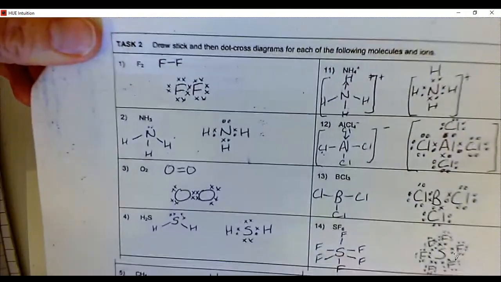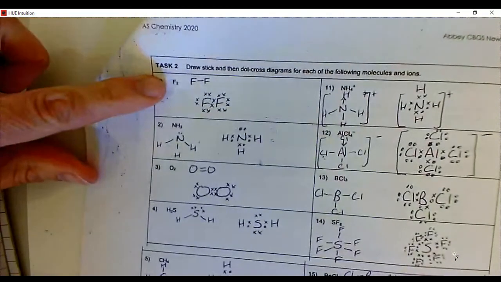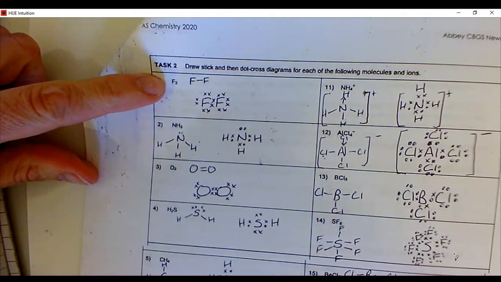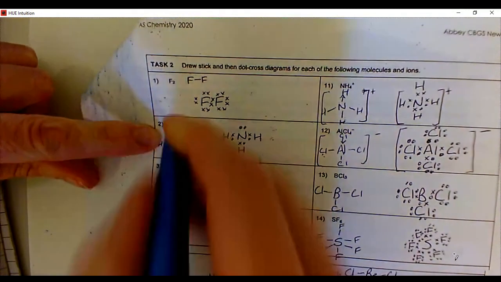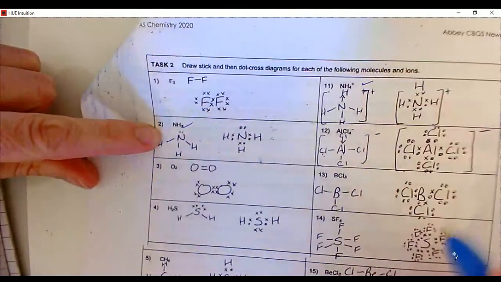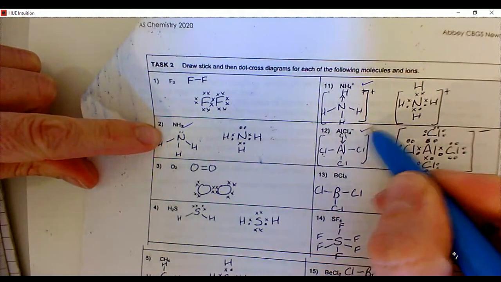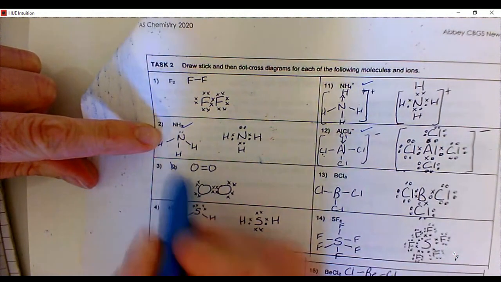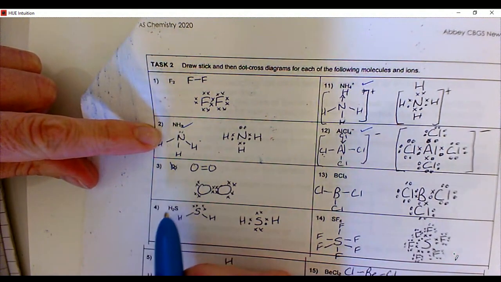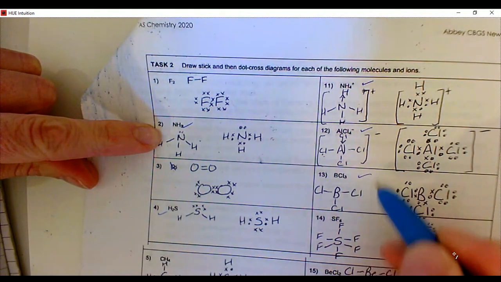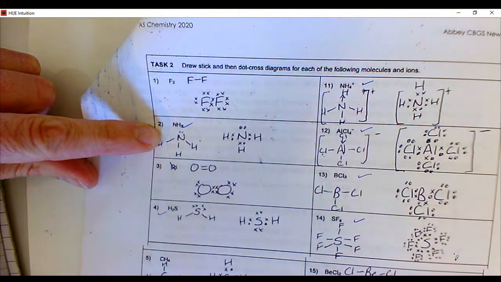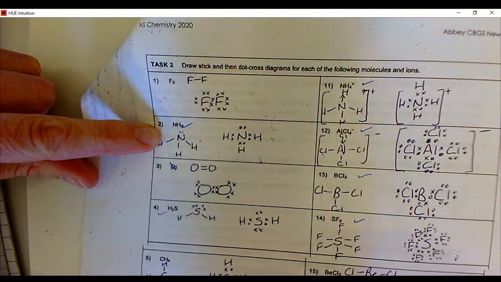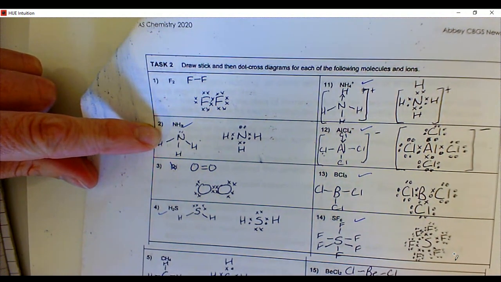Ignore the diatomic molecules, but I want you to do it for ammonia, the ammonium ion, the aluminium tetrachloride ion, this one, and this one. So I want you to do all except the diatomic molecules. See how many of those you can assign, and I'll work through that in the next video.